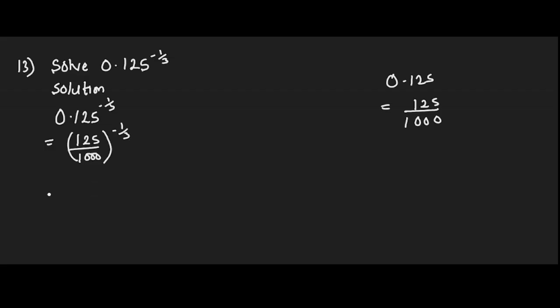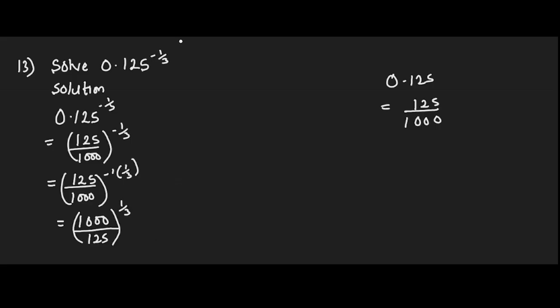If you agree with me, this here is the same thing as 125 all over 1000 all raised to power minus 1 bracket 1 over 3. Here, what this minus 1 is telling us is to reciprocate this, or inverse this, then we are going to have 1000 all over 125. Here we have 1 over 3.